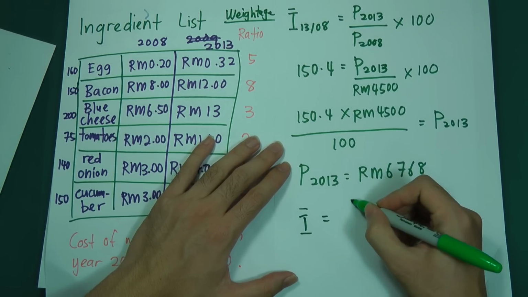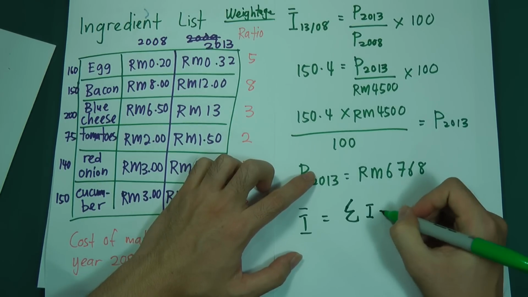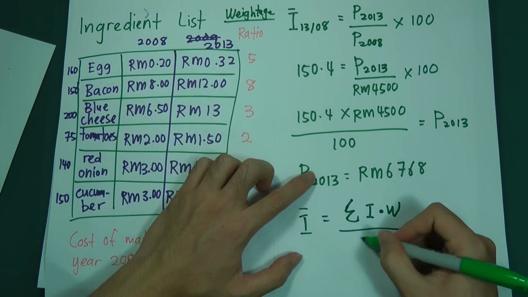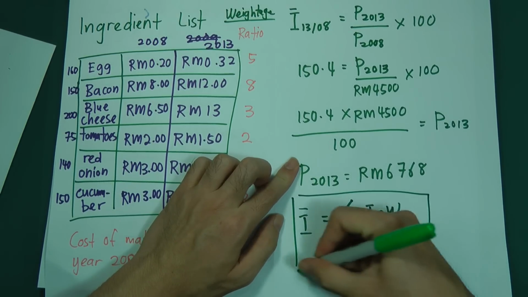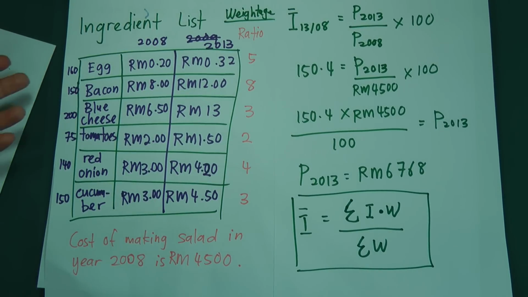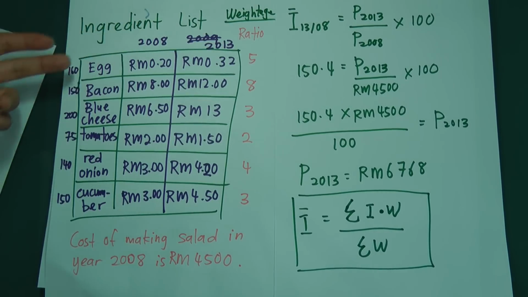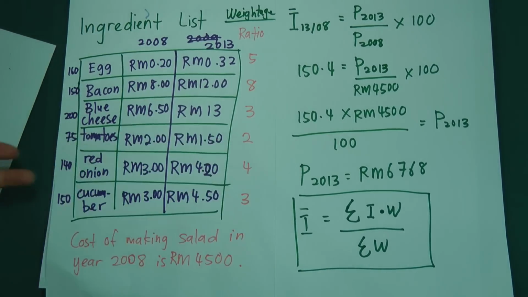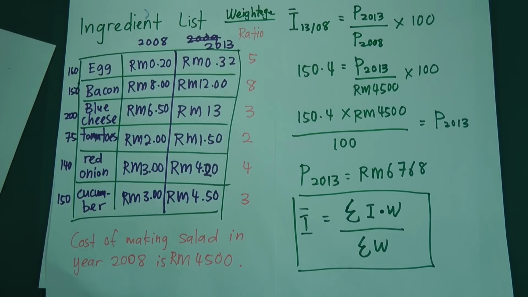The formula is sum of, meaning add all together, index number multiplied by weightage, divided by sum of weightage. Very easy. Index number times weightage, index, weightage, index, weightage, all added together, then divided by the total of weightage.